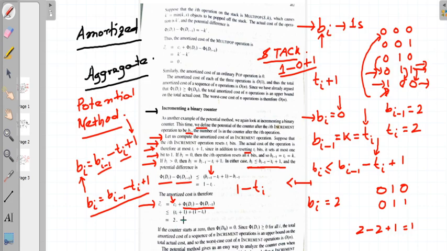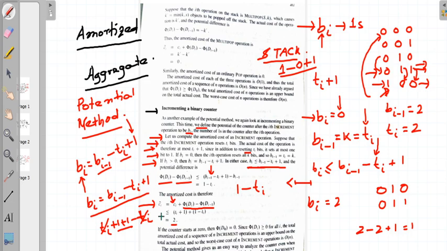So ti plus 1, and then plus the potential difference, 1 minus ti. Now if we simplify, ti plus 1 minus ti, so the ti will cancel out, and 1 plus 1 will be equal to 2. So the amortized cost will be upper bounded by 2.